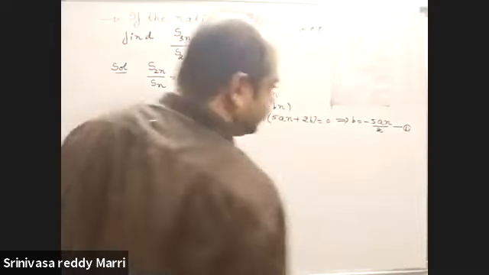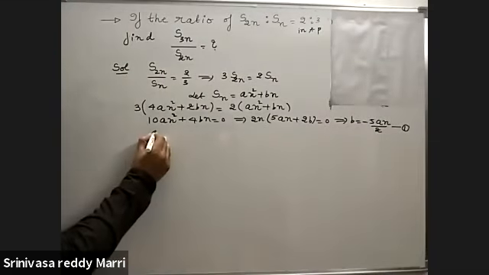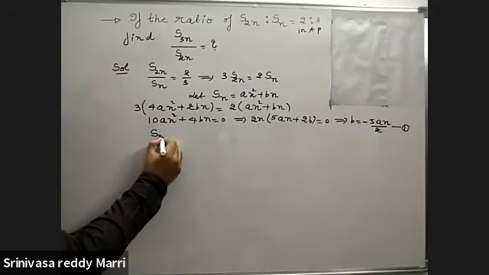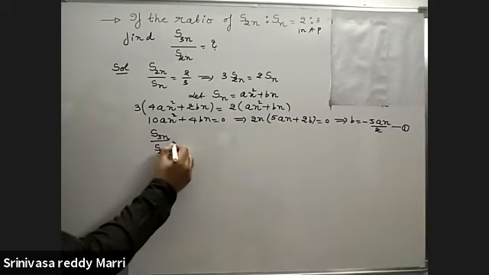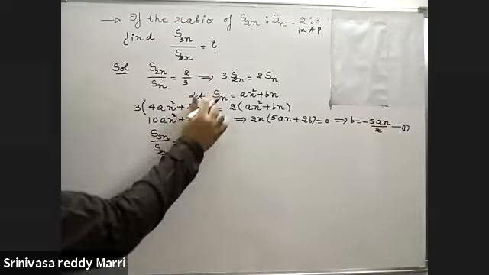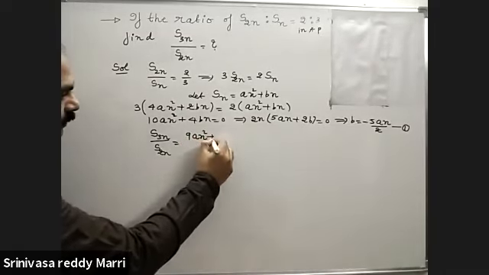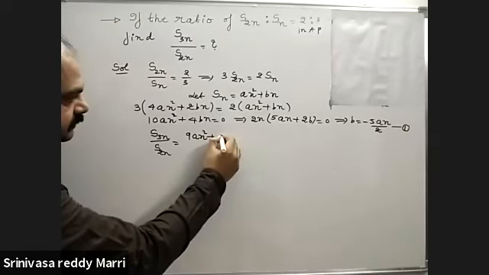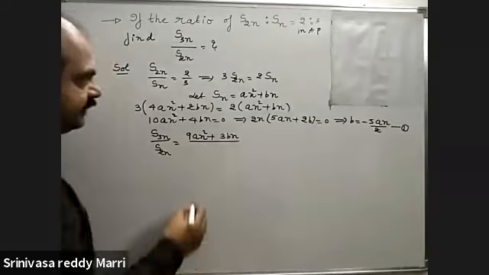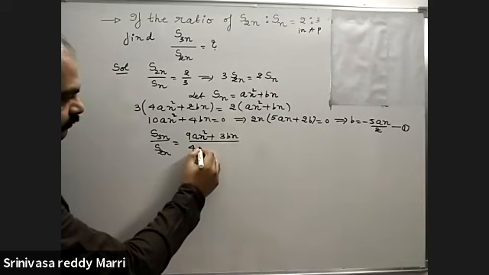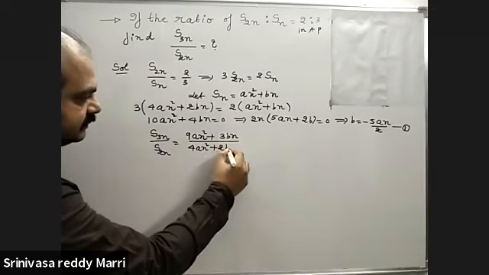This is, let us say, the first equation. Find b in terms of a from the given equation. Now what you need to find out is S3n divided by S2n. Substitute 3n here: 9an square plus 3bn, divided by 4an square plus 2bn.